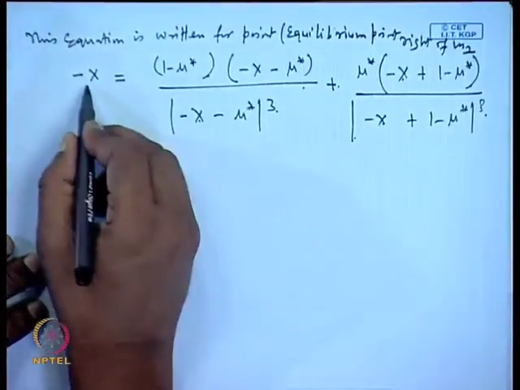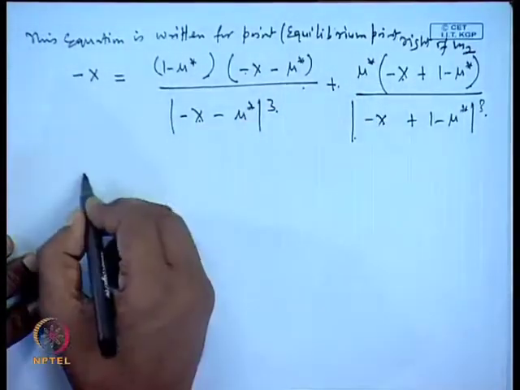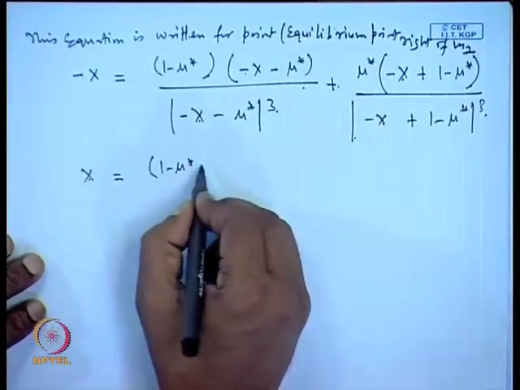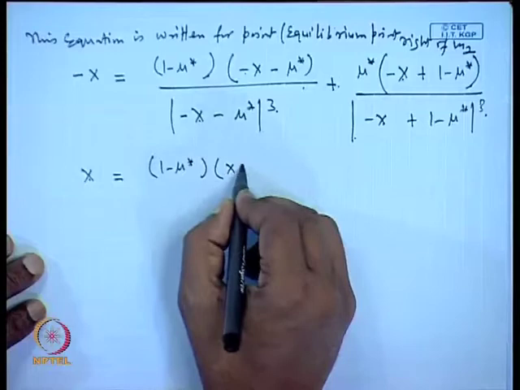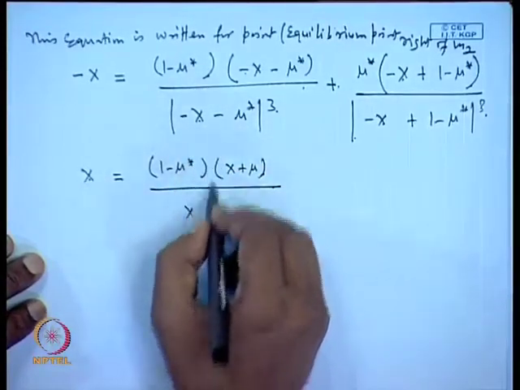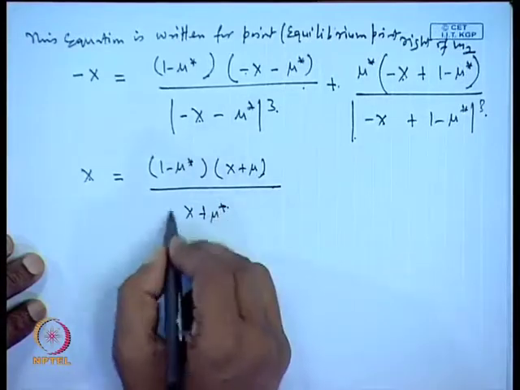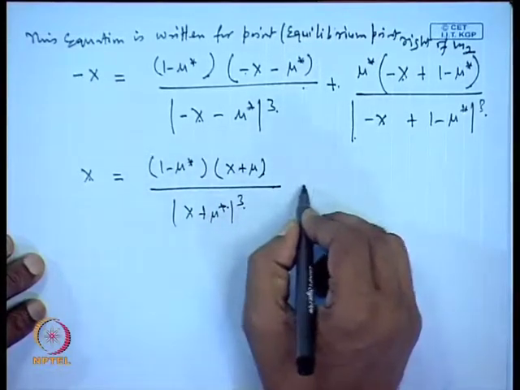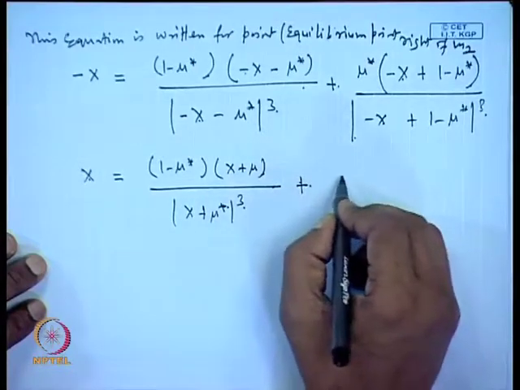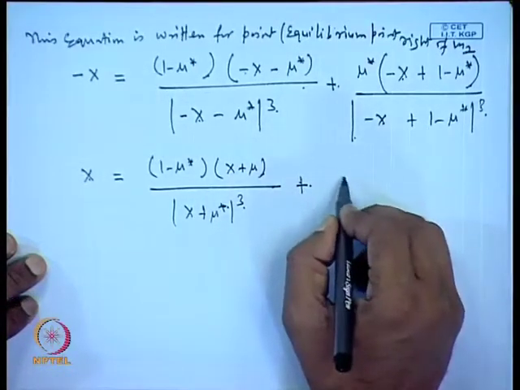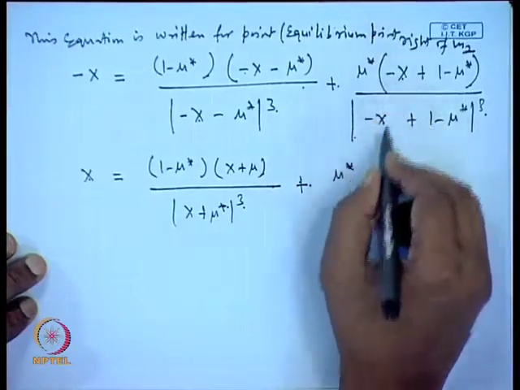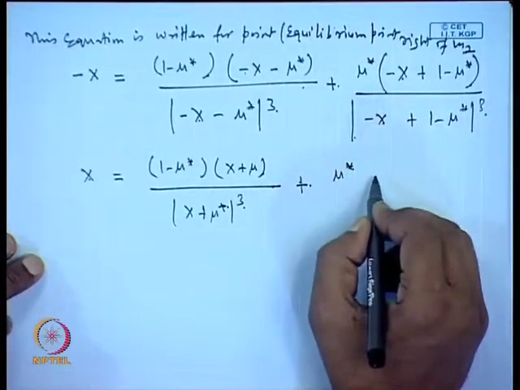Now we can take out the minus sign from here, and this can be written as 1 minus mu star times x plus mu star, and here also this becomes x plus mu star whole cube, and then here this becomes 1 plus mu star, and the minus sign we take out from this place.